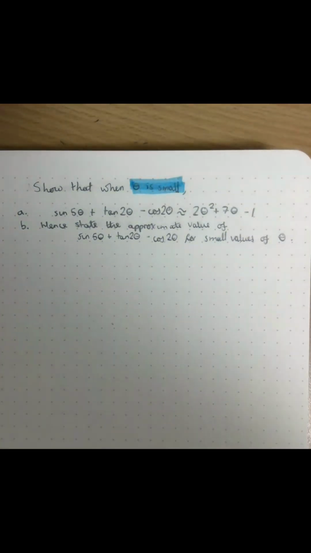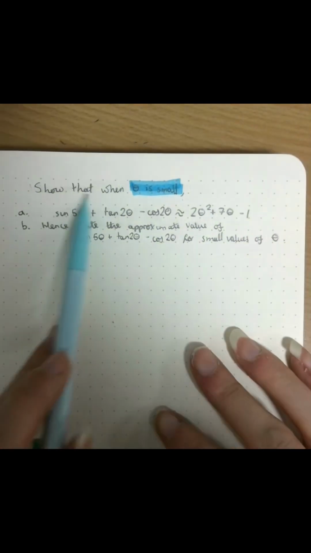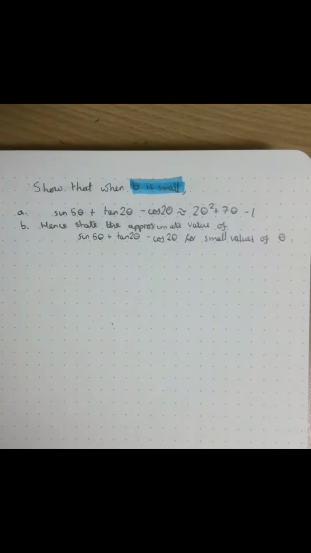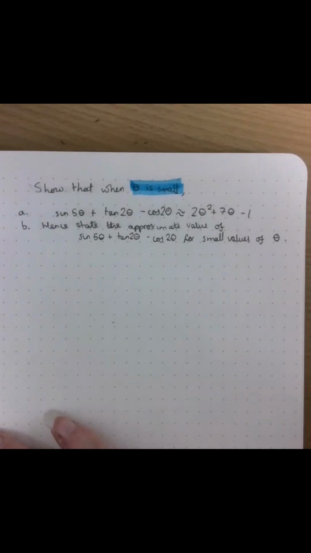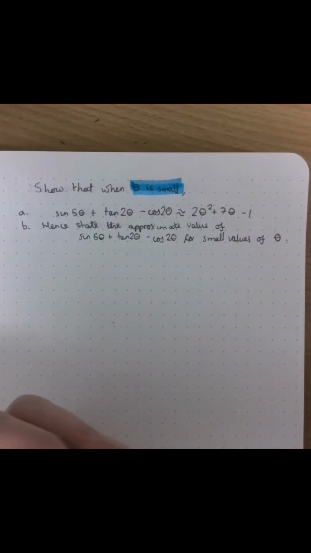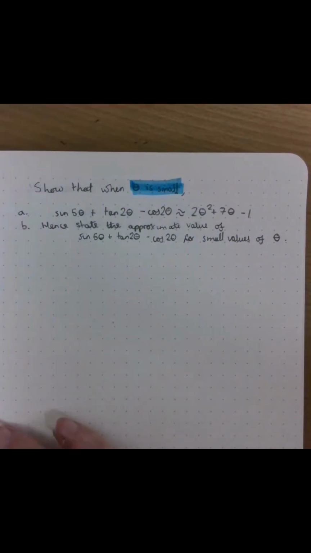So also exam technique, if it says show that, you need to explicitly state everything, because you obviously are working with small angle approximations. You need to state those, what you're using and how you get your answer, because it's telling you what the answer is. You need to show the pathway to get there.